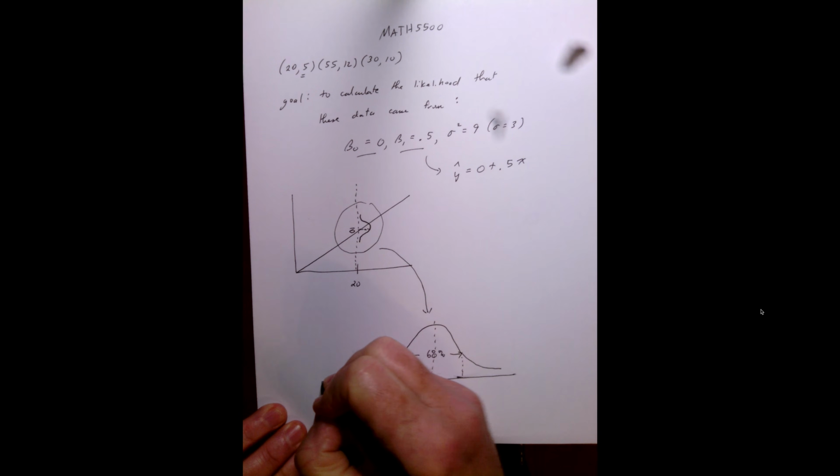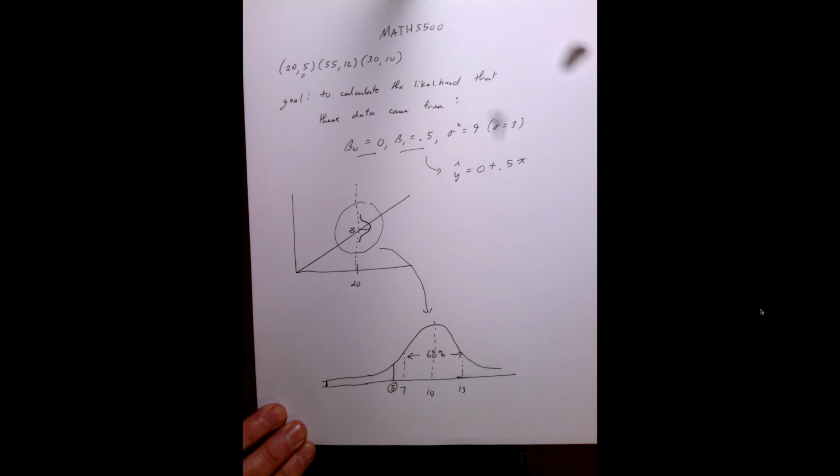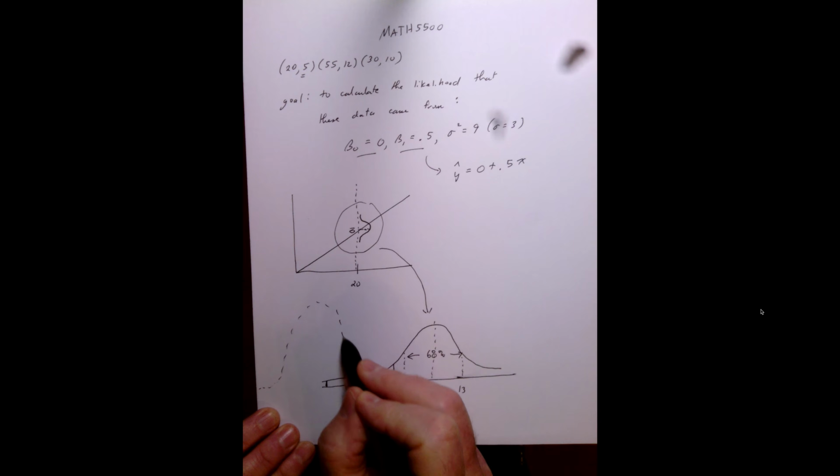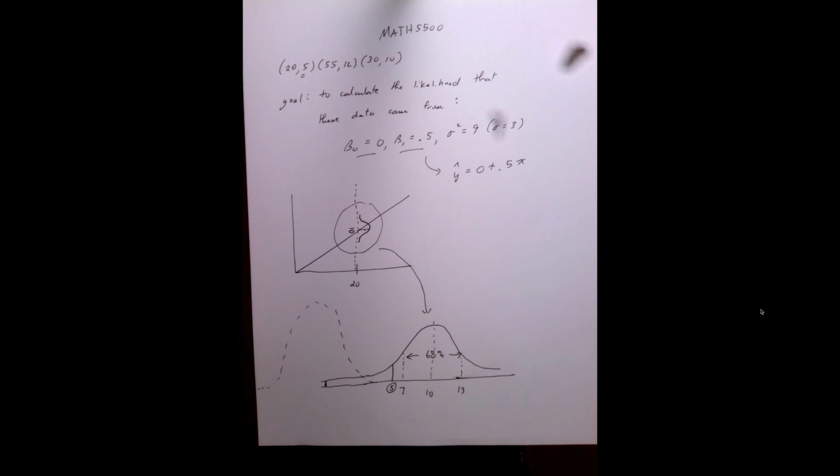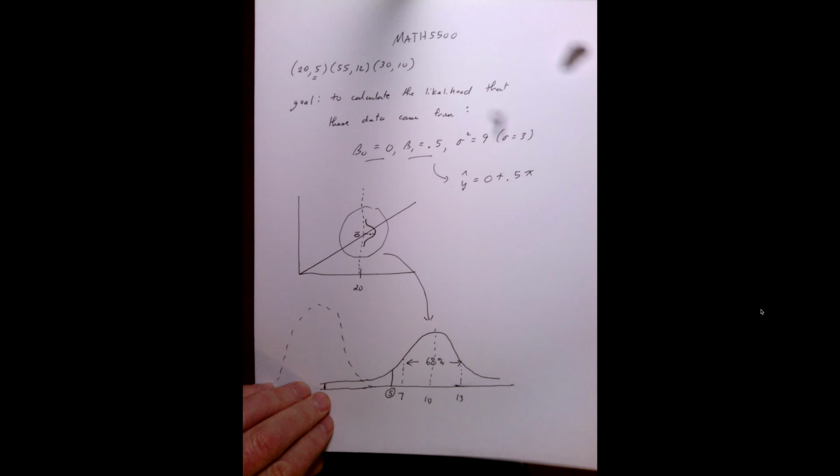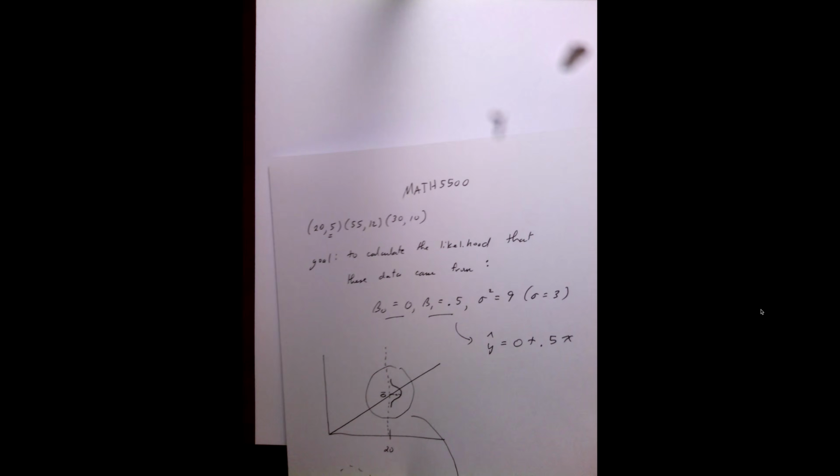Imagine having a point way out here. Well, the density would be very small because of the low probability of getting this point from this distribution. So it may be more likely that this point came from another distribution down here. But anyway, let's just go ahead and let the process play its way out.